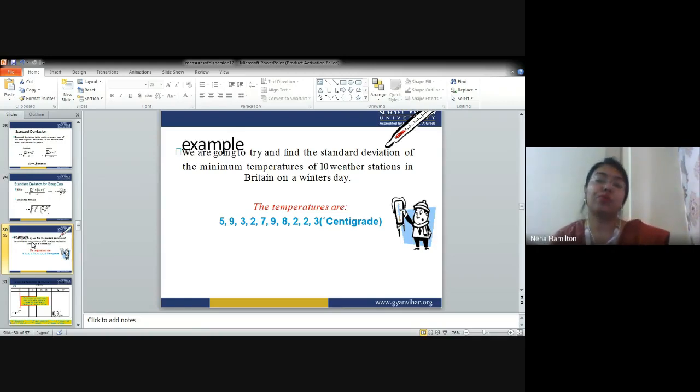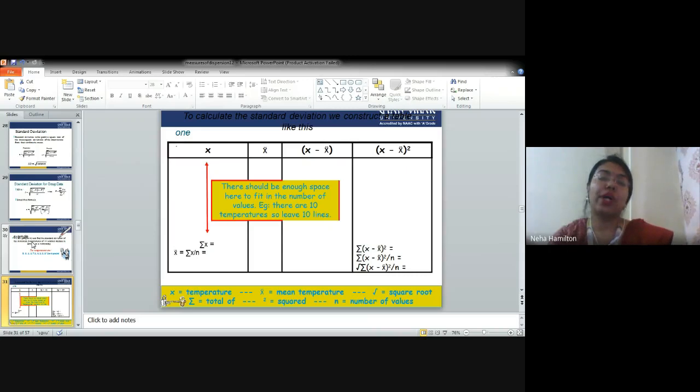Yes, you are going to arrange this data in increasing order. Next, you have to make a table, and in that table, you have to write all the components of the formula: x, x bar, x minus x bar, and x minus x bar whole square, where x stands for all the temperature readings they have given us, right?